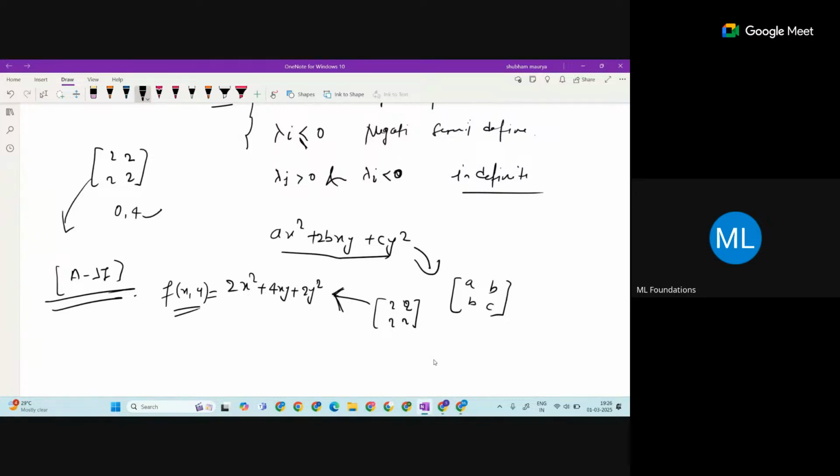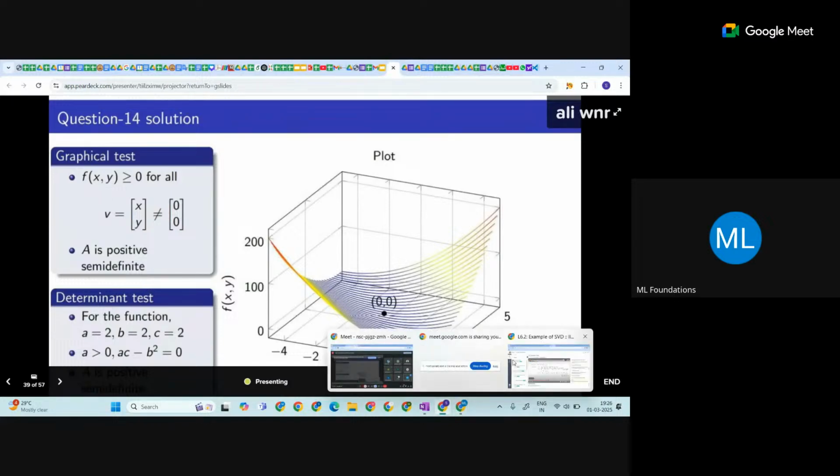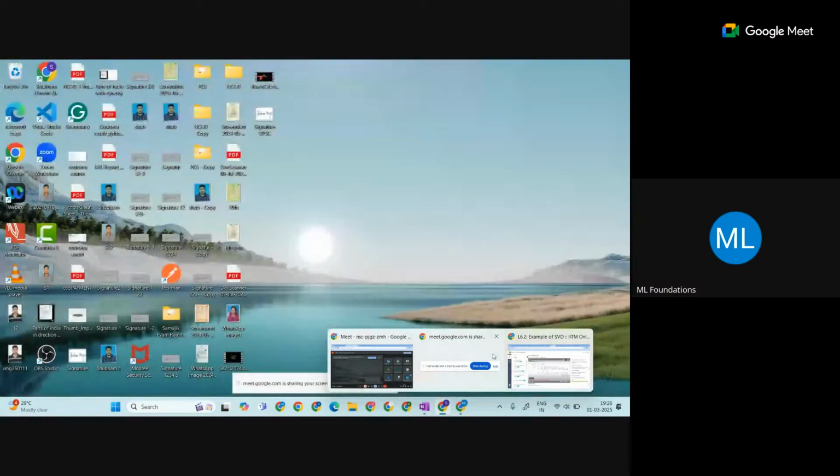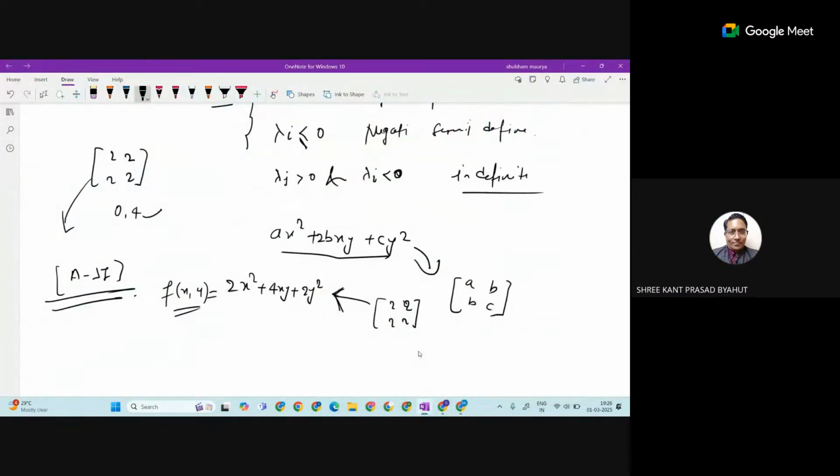This is a quadratic form. So what is written here? Now, the positive definite definition: what is it?